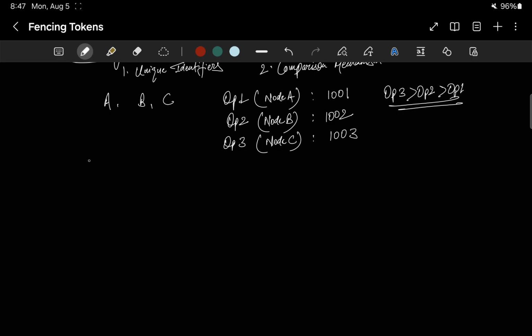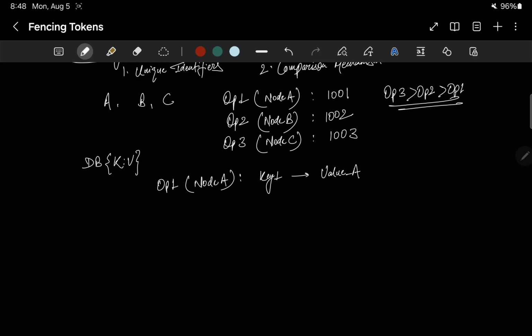So, example scenario. Let's say there is a database, which is a key value database. Operation 1 comes first and it is performed on node A, and let's say there is a key 1 whose value is value_A.